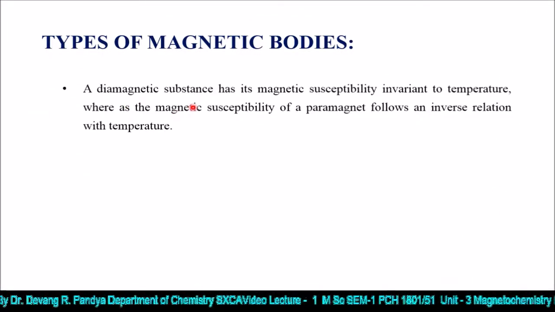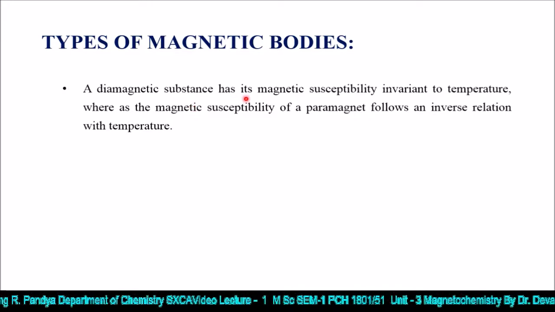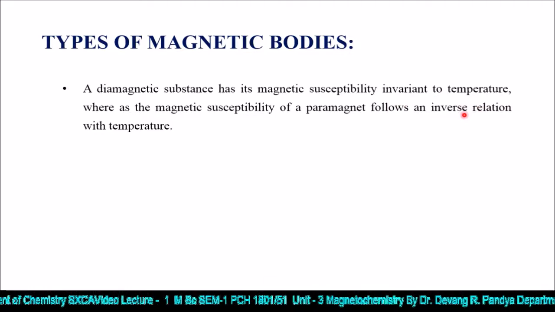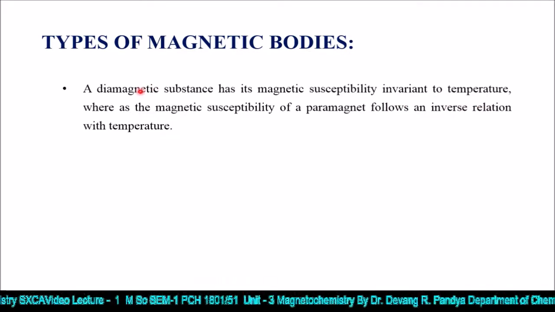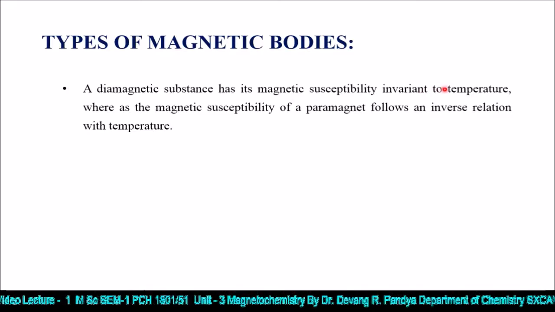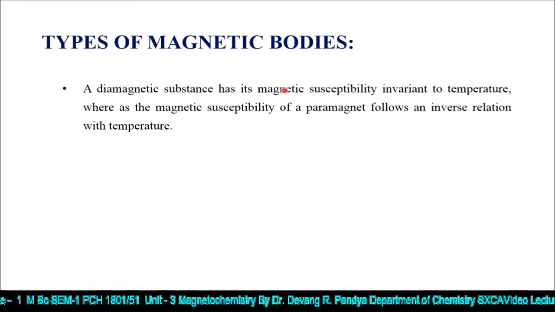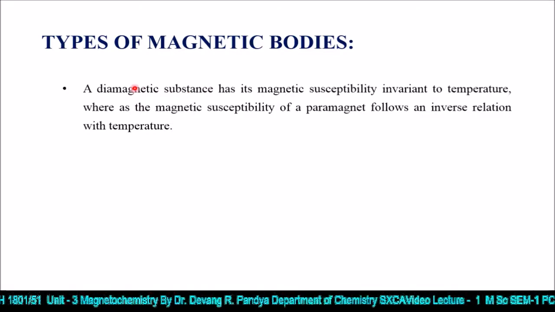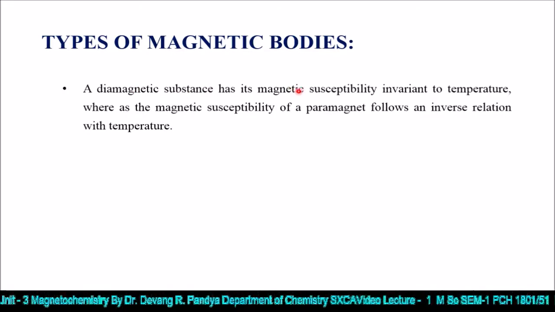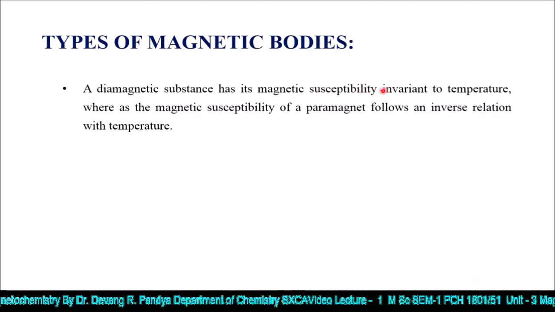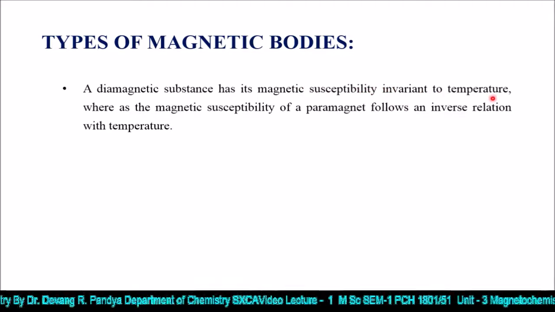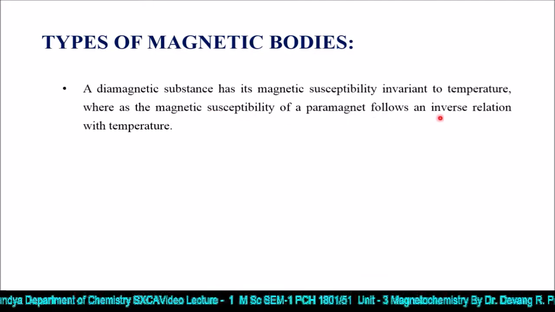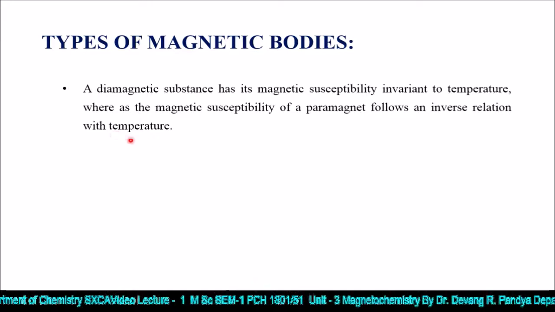A diamagnetic substance has its magnetic susceptibility invariant to temperature. That means if we have a diamagnetic substance and we increase or decrease the temperature, there is no change in its behavior, because its magnetic susceptibility is invariant to any temperature, whereas the magnetic susceptibility of a paramagnet follows an inverse relationship with temperature.